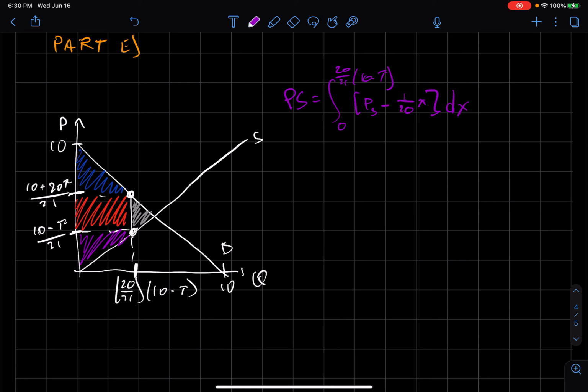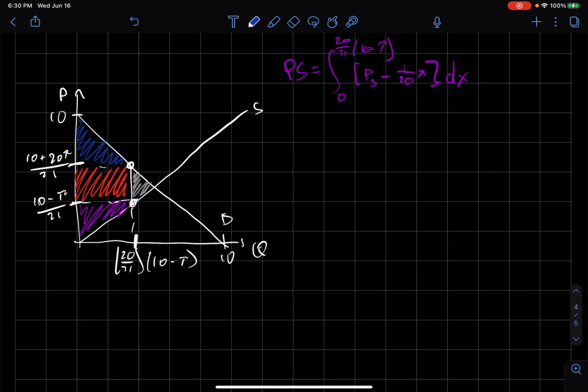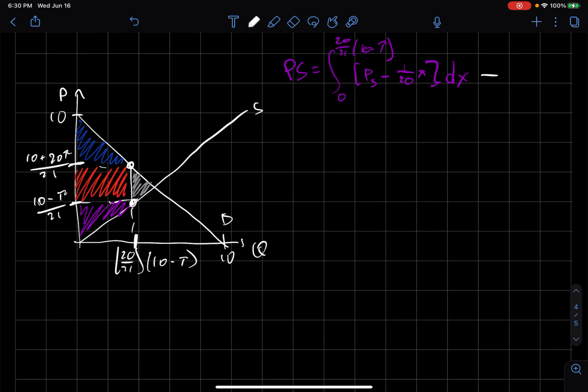Okay? And this video is getting long. I'm going to leave this unsolved, maybe as extra practice if you'd like. But that's the integral for producer surplus. The full solution to the problem is to take this value and then subtract off what we found from before.